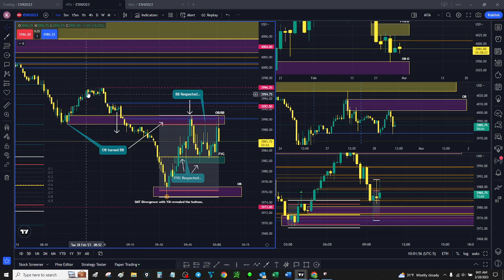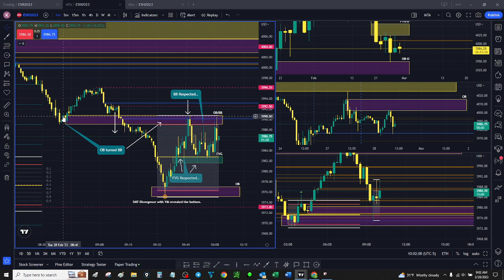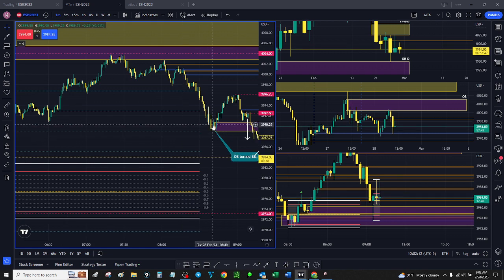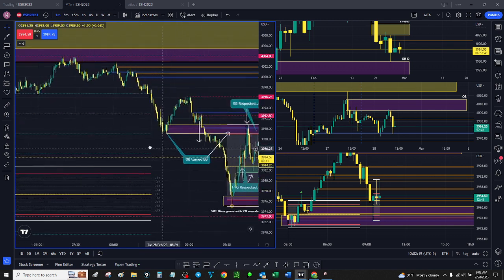In this case, you got a move up, so this last down candle here becomes your order block. Usually you look for a more energetic move, but it played out just like it should have. And it helps if it's in an area that had swept. This point right here swept these lows, so this makes it a more valid order block.